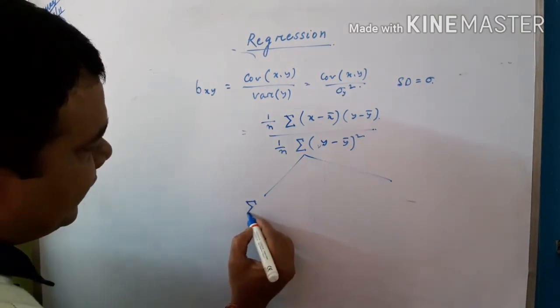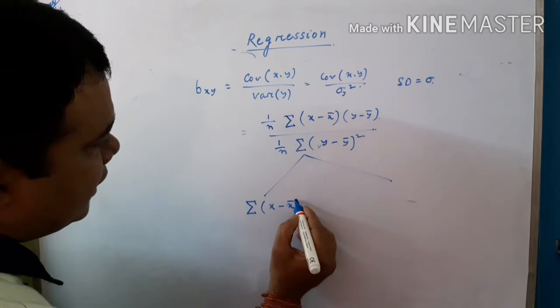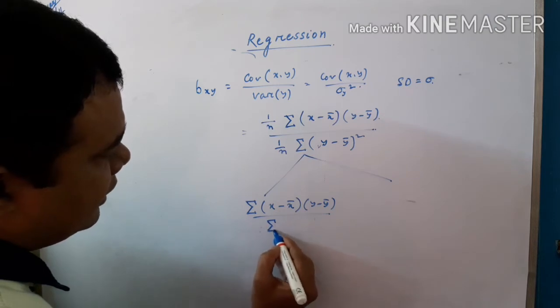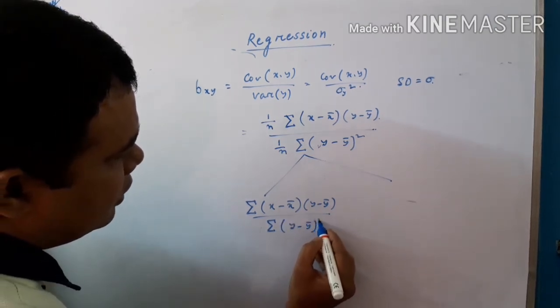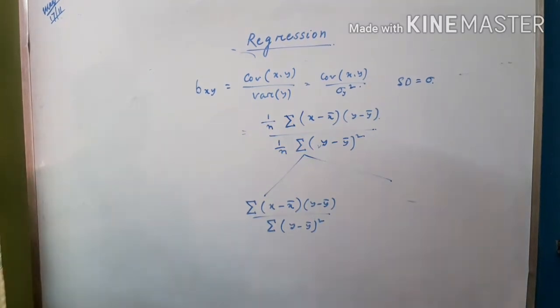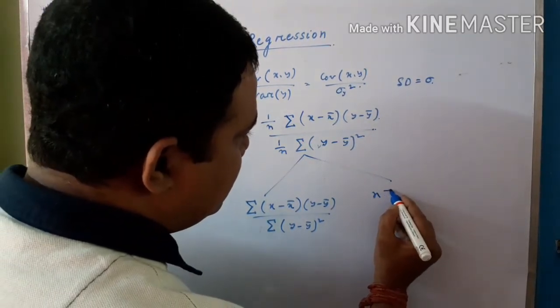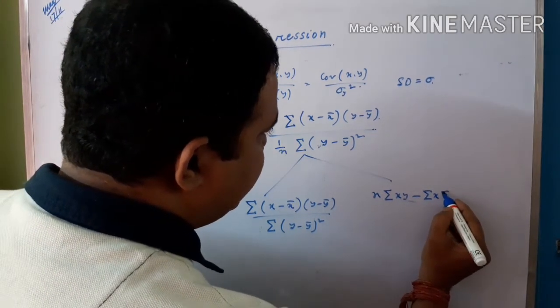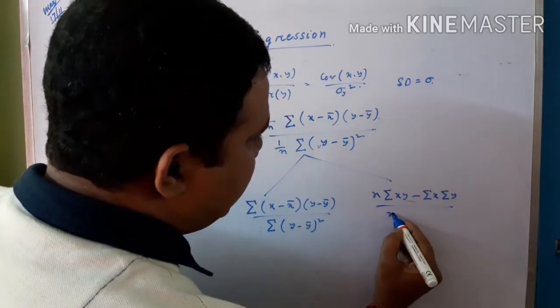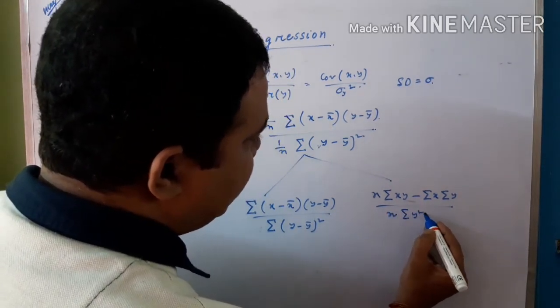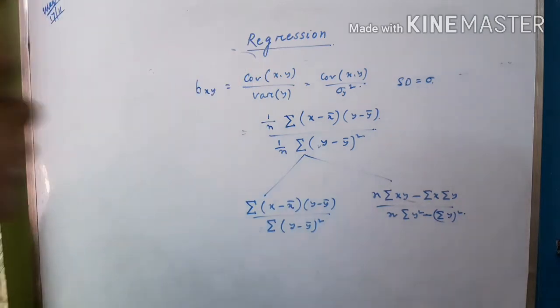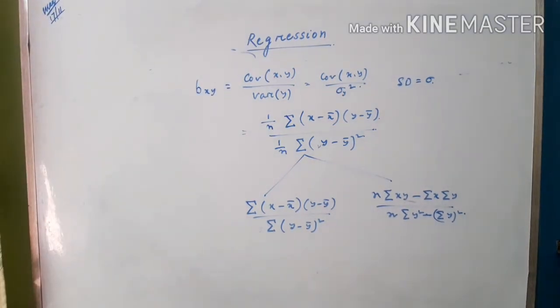So we get a simplified form like this: sigma x minus x bar into y minus y bar by sigma y minus y bar whole square. Another simplified form is n into sigma xy minus sigma x into sigma y by n into sigma y square minus sigma y whole square. Clear? So we can find the value of bxy by using any one of the formulas.